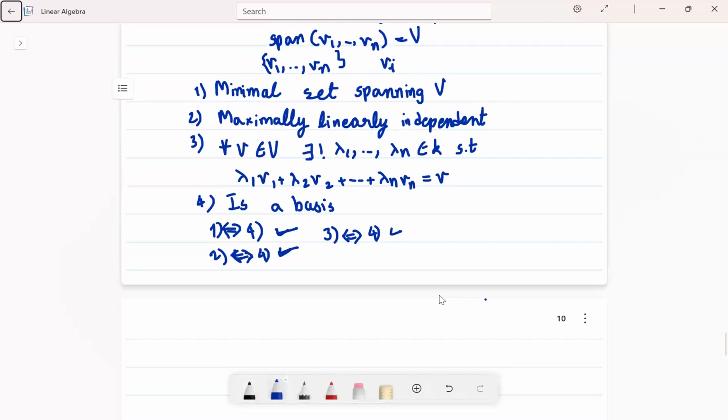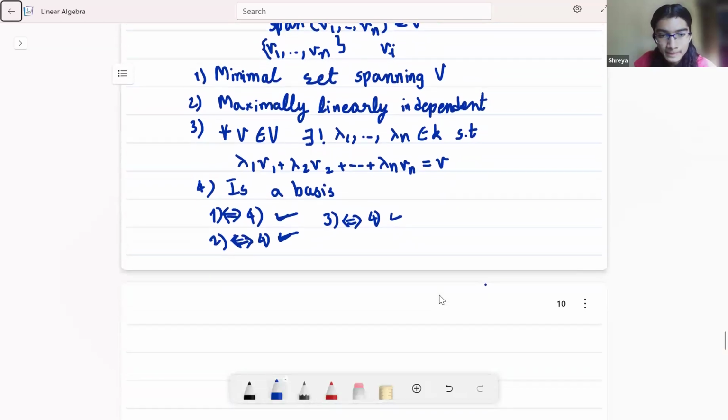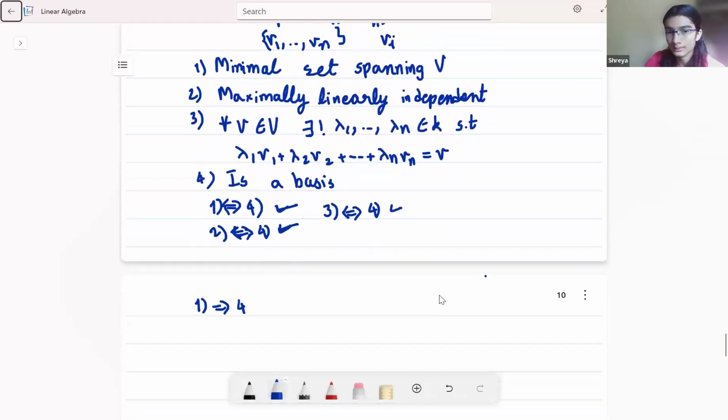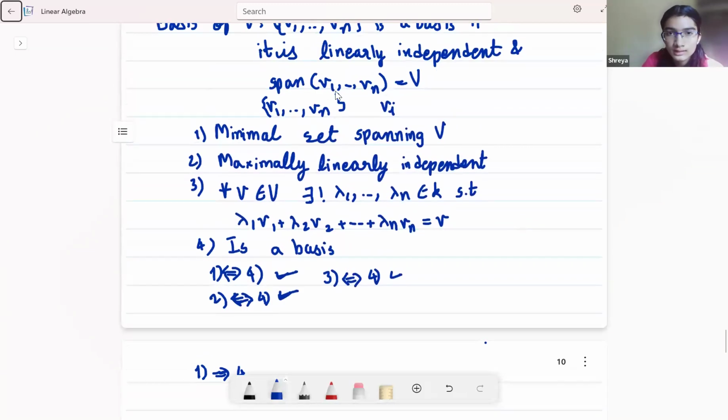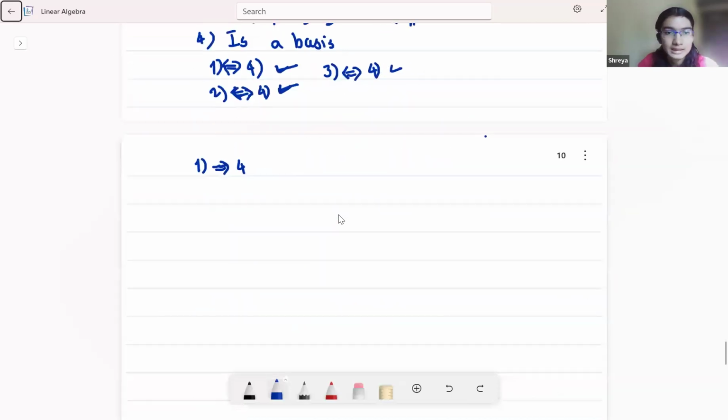Yeah, sure. Okay, so for 1 equivalent to 4, first of all, to prove 1 implies 4, we have that this set is spanning V. That condition is given. We want to prove that it's linearly independent. So if it were not to be linearly independent, then you can just take the dependency of that set. So then you take the dependency, which is like lambda 1 v1 plus lambda 2 v2 and so on equals 0.